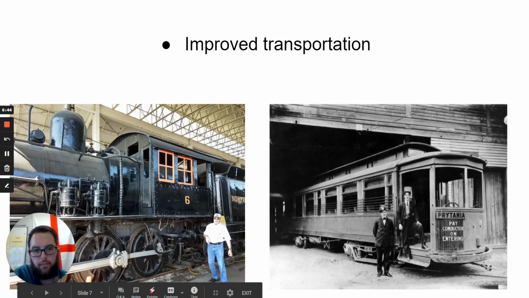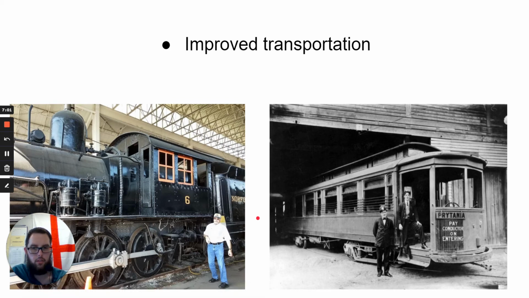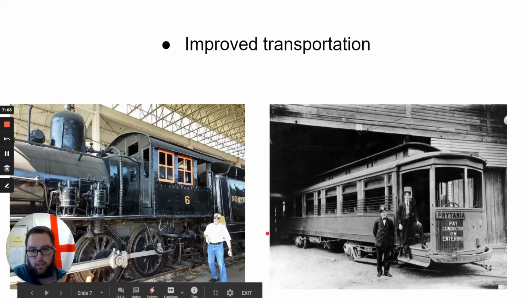Now, we also have, for industrialized countries, improved transportation. So we go from steam locomotives, okay, and this happens to be a picture I took at the Roanoke Museum of Transportation. If you go there, they have all kinds of trains, and you can look at the progress that we've made with trains from the early days, like the 1800s, on through even today in the 21st century.